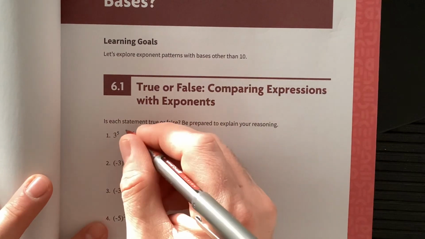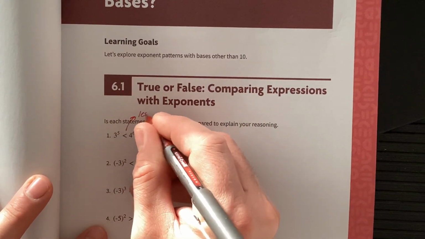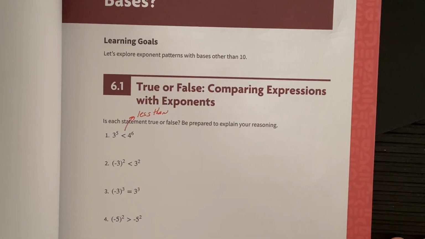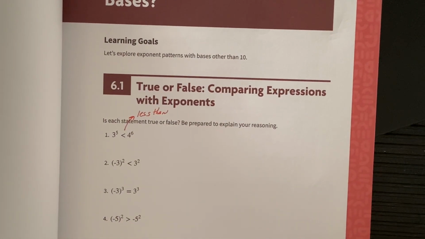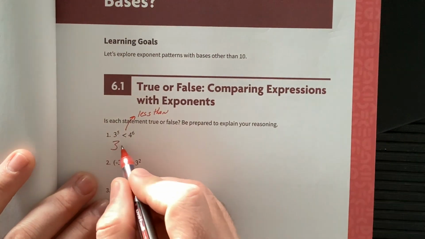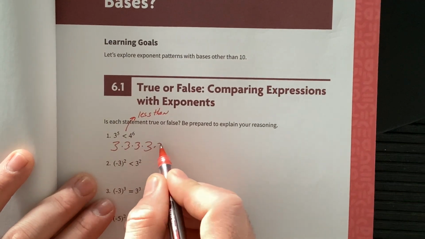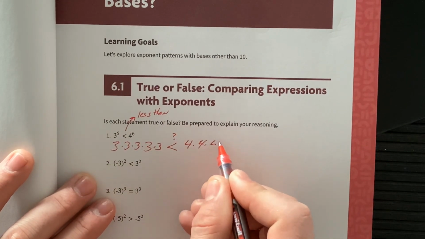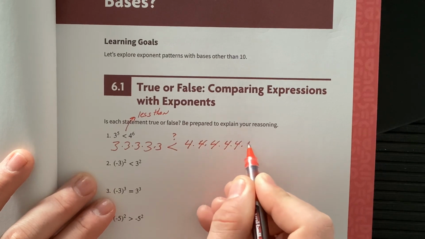Just a reminder that this is a less than symbol. So do you agree that 3 to the 5th is less than 4 to the 6th? True or false? So if I multiply 3 5s together, will that be less than 6 4s? Yes.